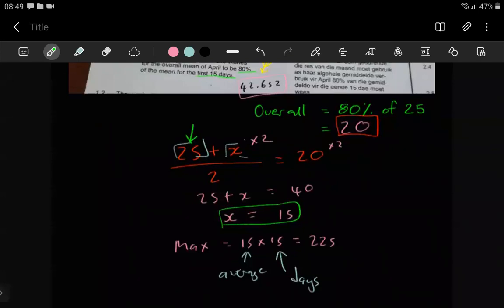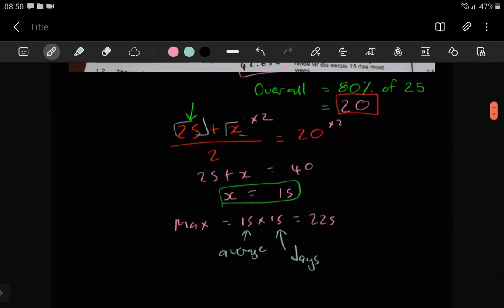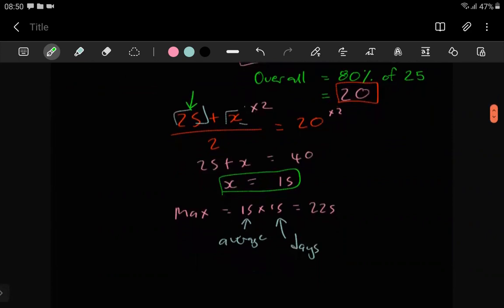The answer in the back of the book: they first take 20 times 30 days, which gives you 600 megabytes. And then they take the 600 minus 375, which gives you 225 megabytes. Okay, got it. So this was just different from that.